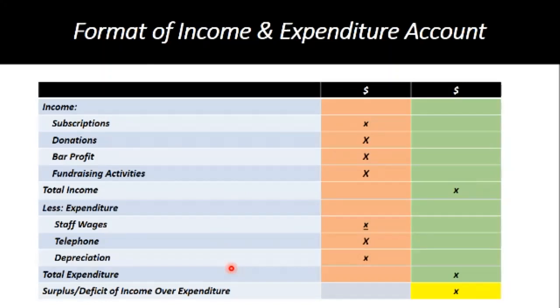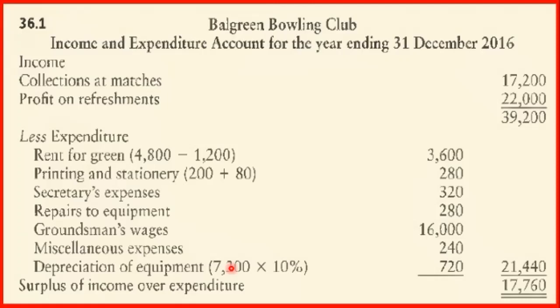Let's look at one here. Right, we have Balgreen Bowling Club income and expenditure account for the year ending 31st December 2016. Now CXC will give you a mark if you have this in 3 lines, right?